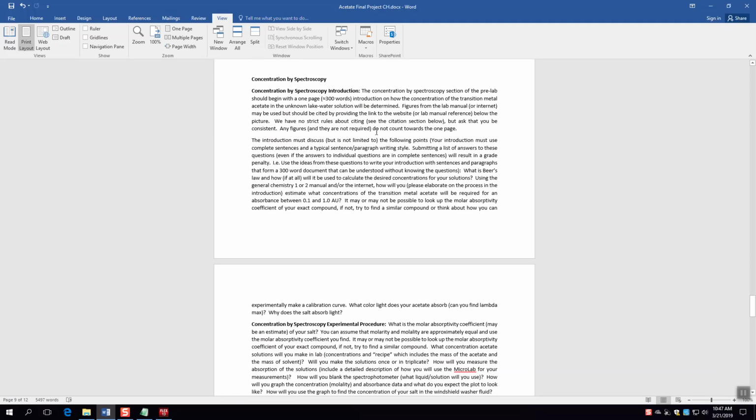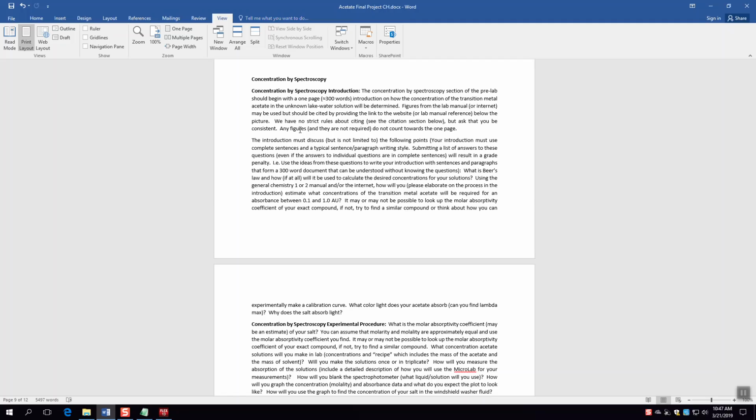In this section, we give you some rules: it should be about 1 page long, you can use figures, and you need to cite things if you take anything from the lab manual or from a web page. We specifically state that figures do not count towards the 1 page, so don't try to simply add 2 large pictures and only write 1 sentence for your introduction.